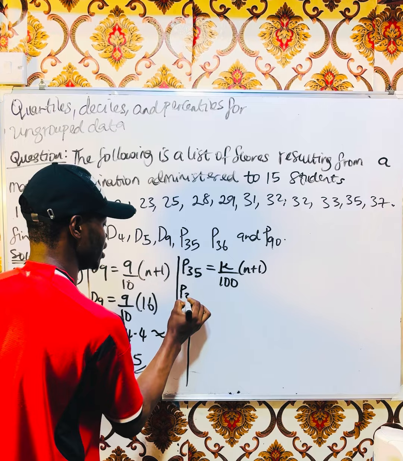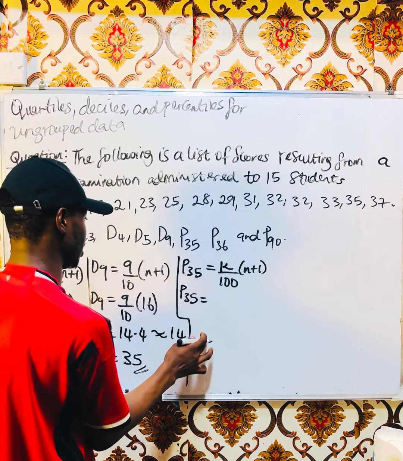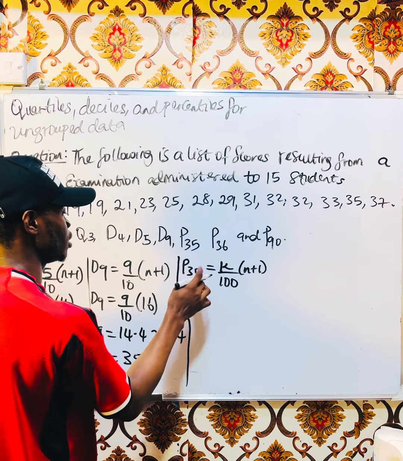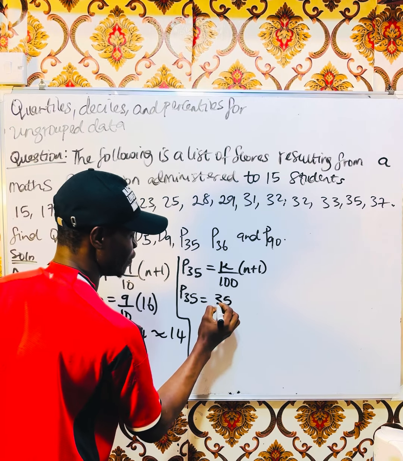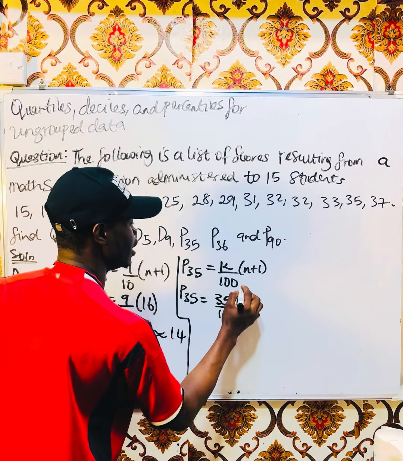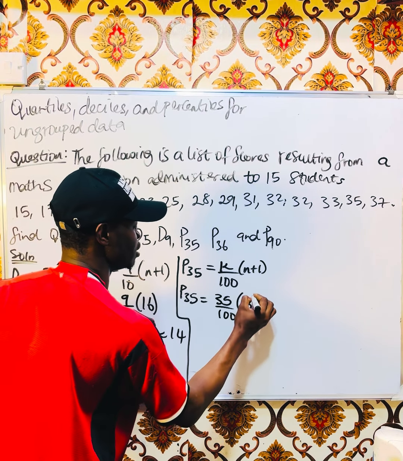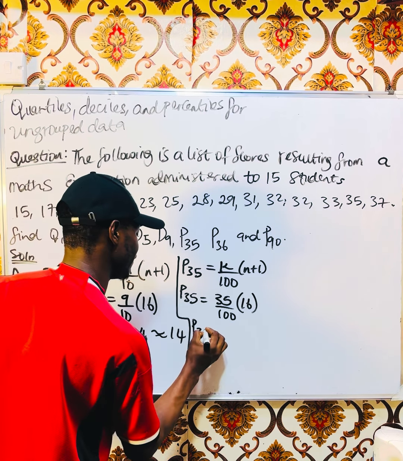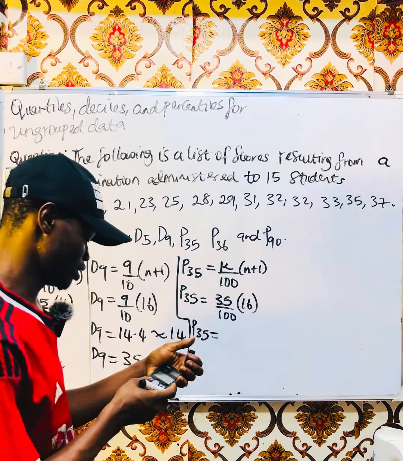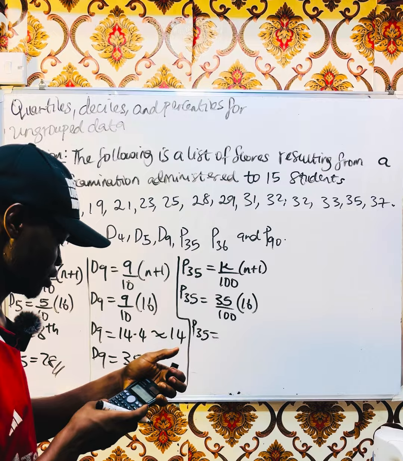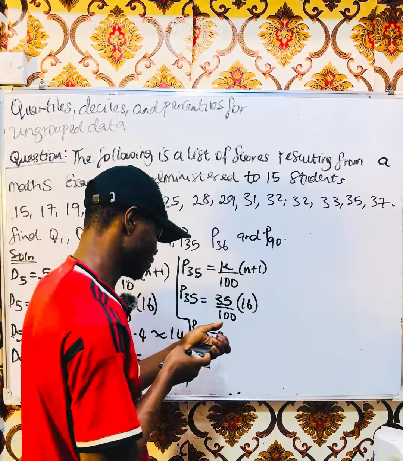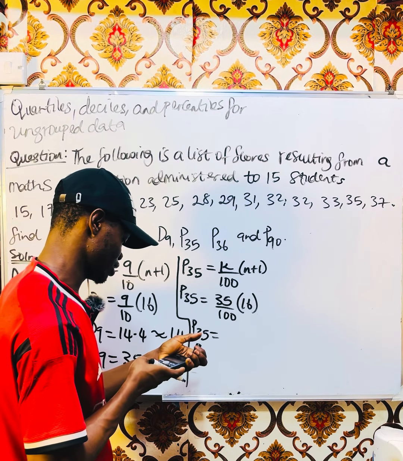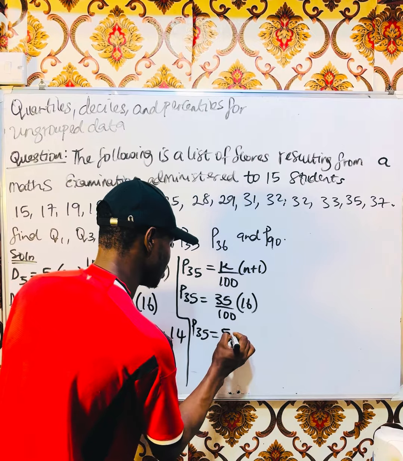So we have P35 is equal to K is what? 35, right? 35 over 100, then n plus 1, which is 16, right? We have P35 is equal to 35 times 16, gives us 560 divided by 100, gives us 5.6.